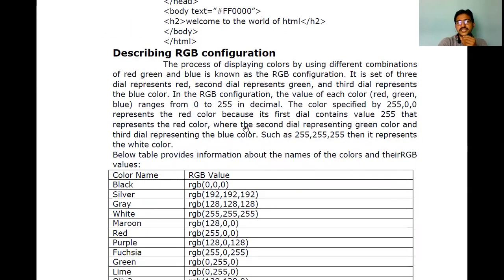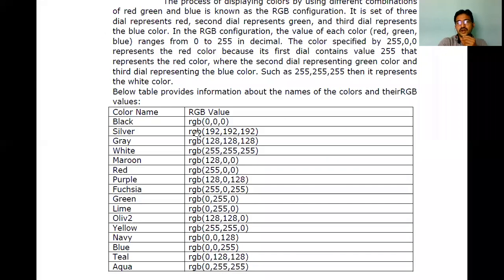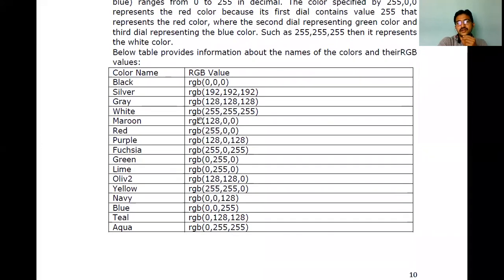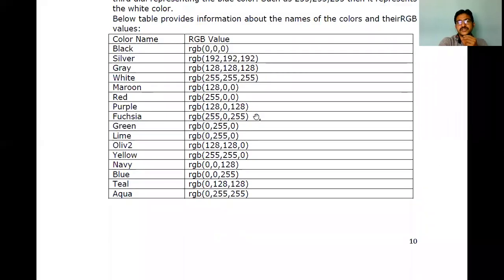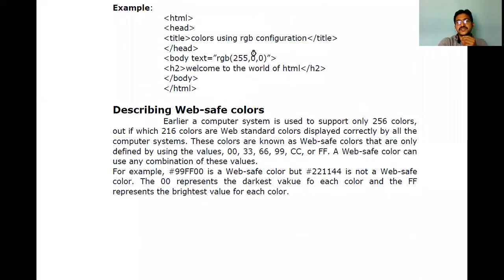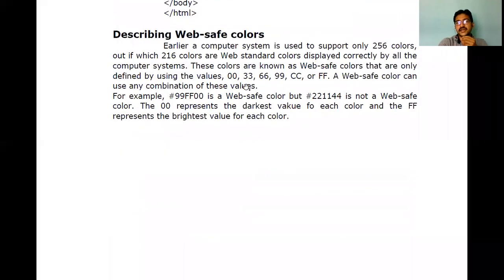Describing RGB configuration with the help of the RGB function: rgb(0, 0, 0) indicates black. If you want white, rgb(255, 255, 255). So with the help of the RGB function we can also assign colors. So this is the third one. The fourth one is web-safe colors. Web-safe colors means you can directly use only 216 out of 256 colors, like 00, 33, 66, 99, CC, FF.